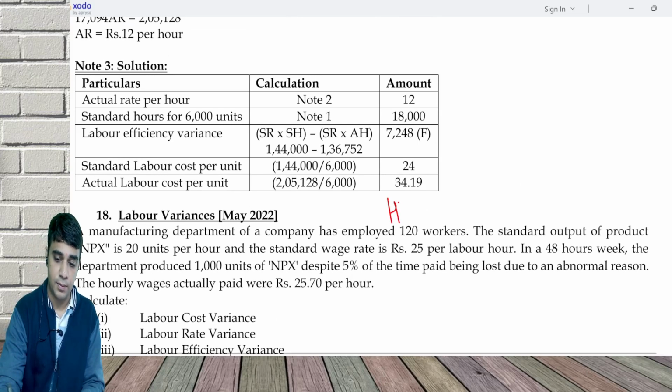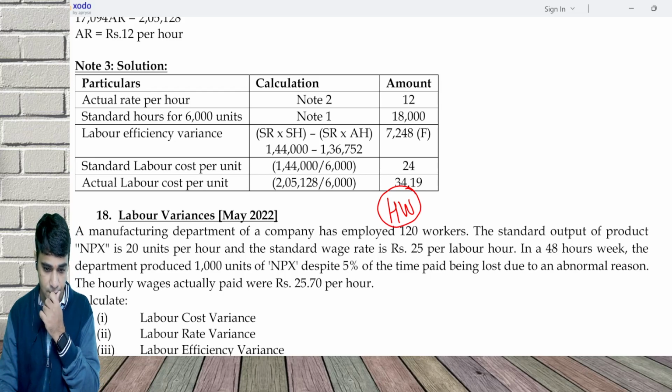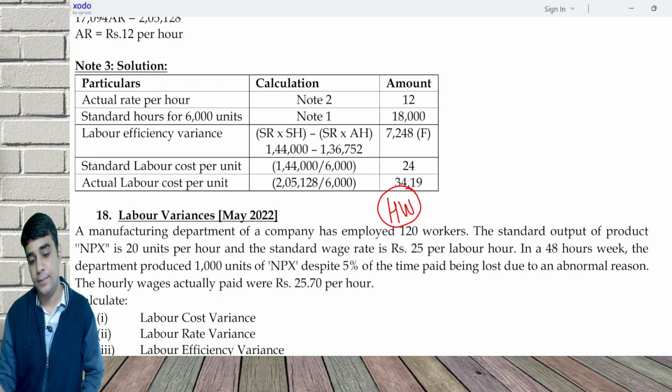18 is homework. Tell me the standard equation for 18.